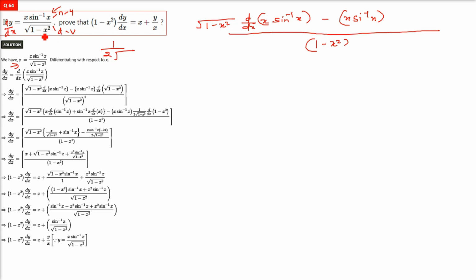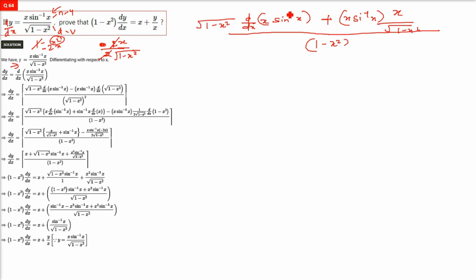So we write 1 by twice under root 1 minus x square, then we differentiate 1 minus x square, which is minus 2x. So the 2 gets cancelled. Finally, the differentiation of under root 1 minus x square will be negative of x by under root 1 minus x square. I took it as plus, and I am writing x by under root 1 minus x square.